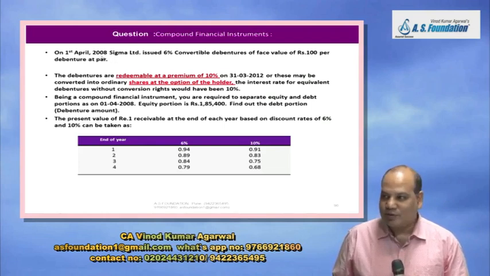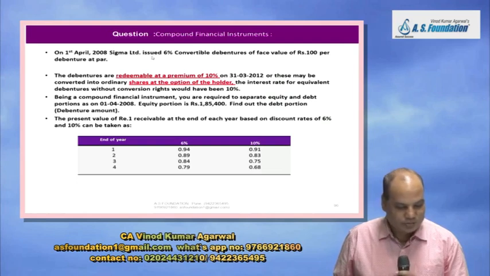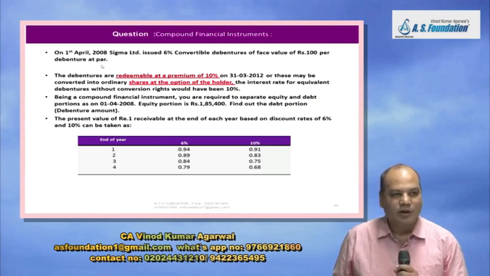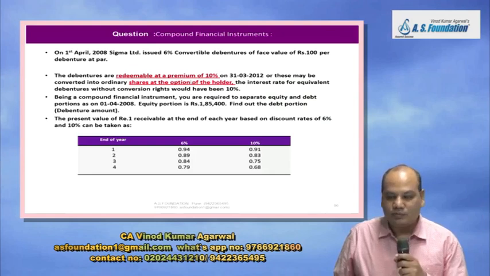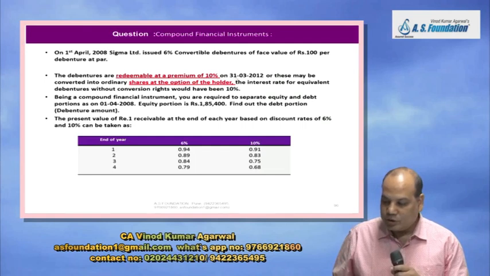On 1st April 2008, Sigma Limited issued 6% debenture of face value of rupees 100 per debenture at par. The debentures are redeemable at a premium of 10%. Same problem. On 31st March 12, again same problem, dates are also same. Or these may be converted into ordinary share at the option of the holder.